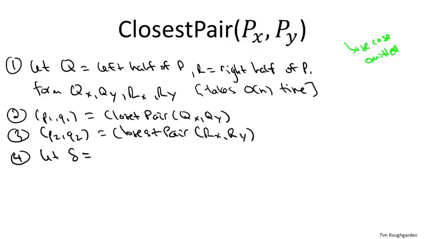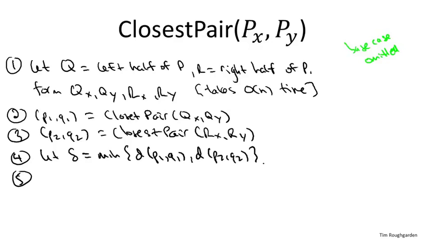Before we invoke closest split pair, we're going to see how well our recursive calls did. That is, we're going to define a parameter little delta, which is the distance of the closest pair we found by either recursive call. So the minimum of the distance between P1 and Q1, the closest pair that lies entirely on the left, and P2, Q2, the closest pair that lies entirely on the right.